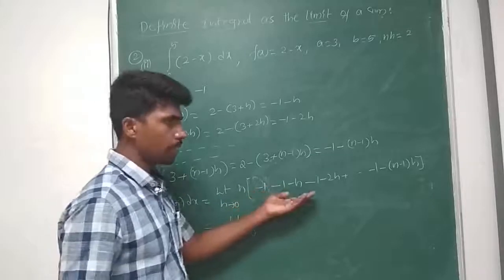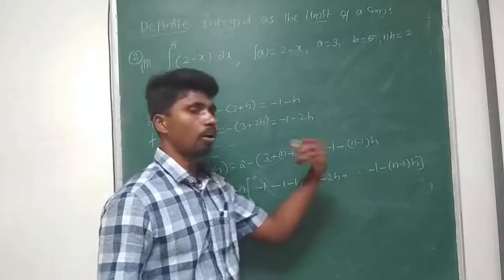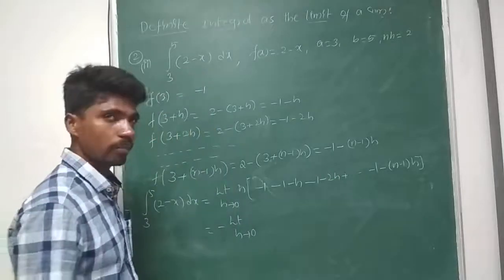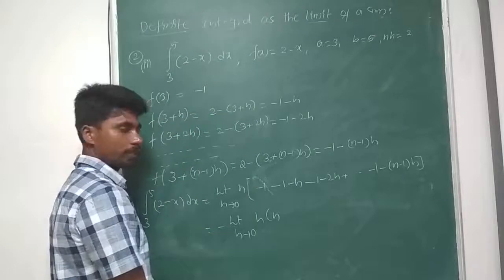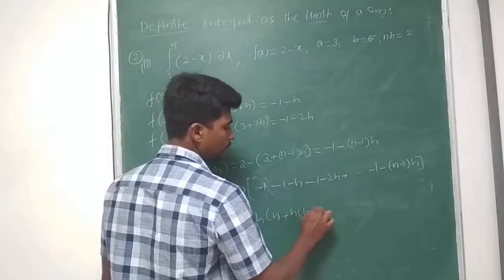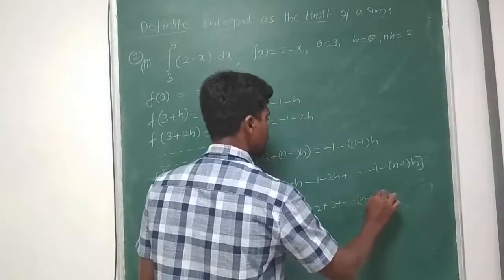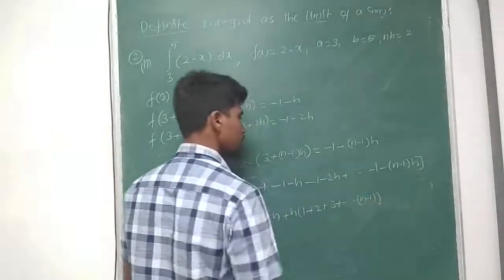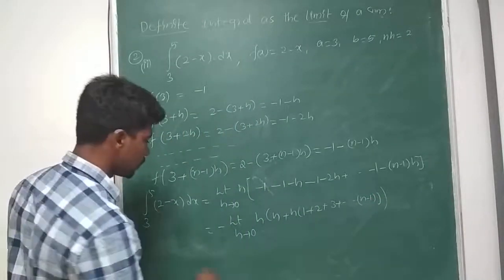All minus I got out, so I get 1 plus 1 plus 1 plus 1. How many ones are there? I have n ones. So h into n only, because I got minus outside. After that I can take h common, so h into 1 plus 2 plus 3 plus and so on, n minus 1. Right? So you can evaluate this.